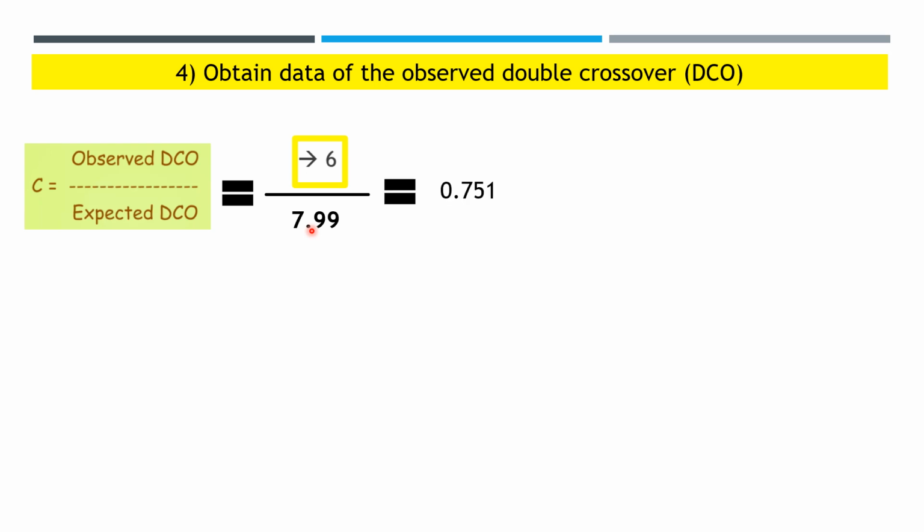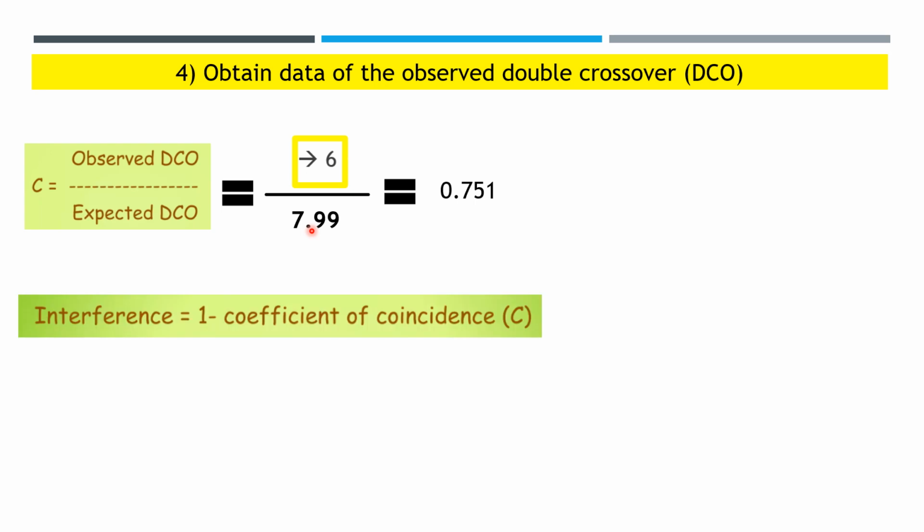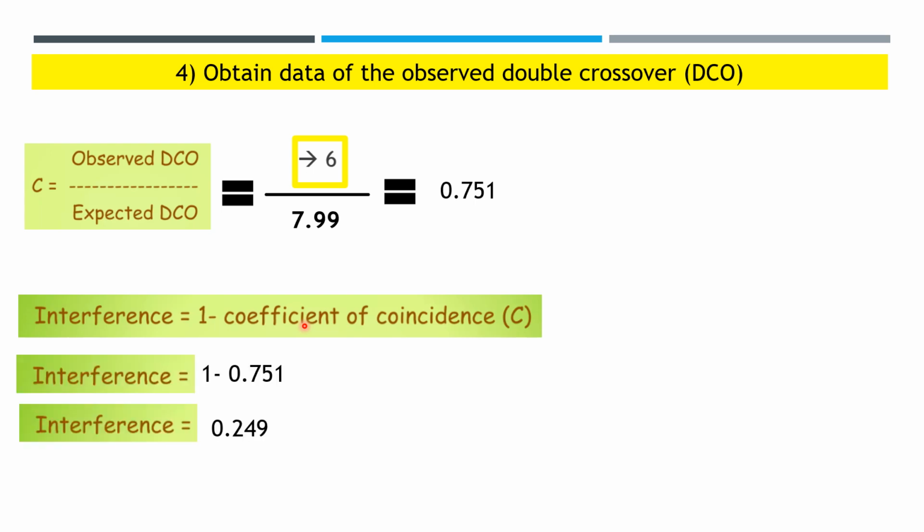And as a result of that, we got this 0.751, that is the coefficient of coincidence. So we apply the formula, and we have 1 minus the coefficient of coincidence, and this is the value of the interference.